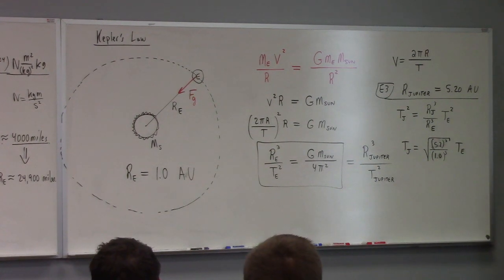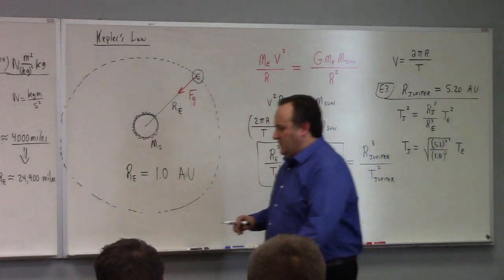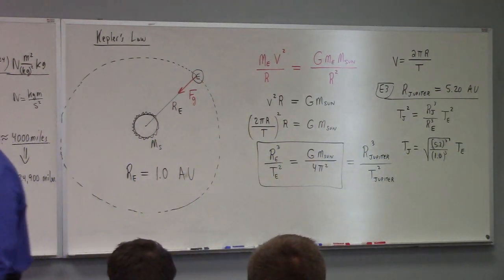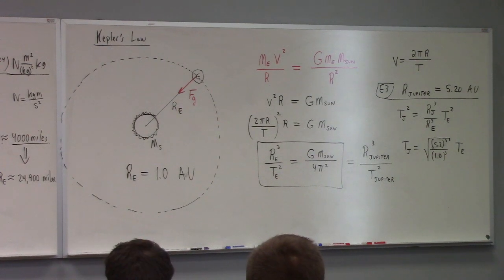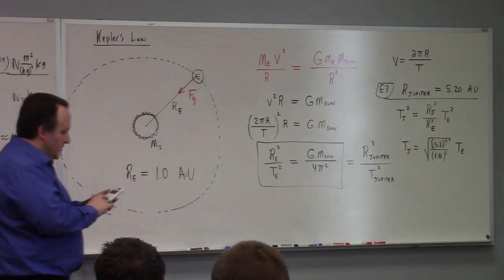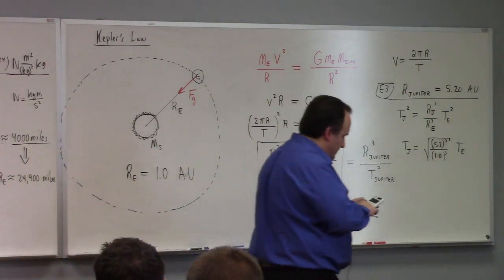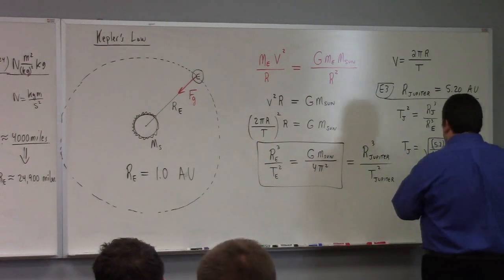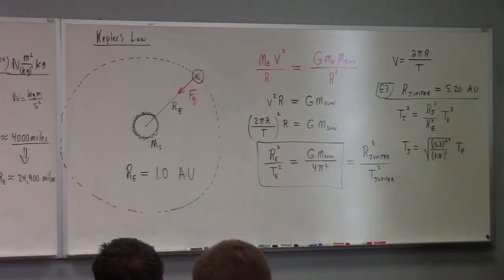So what's the square root of 5.2 cubed? Let's work it out. 5.2 cubed gives me about 140.6.